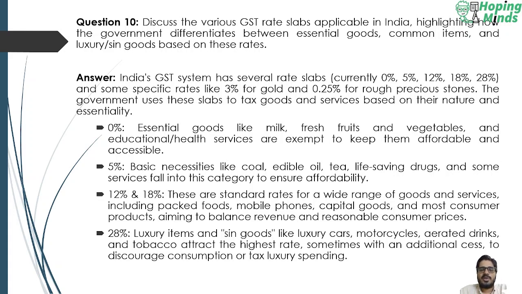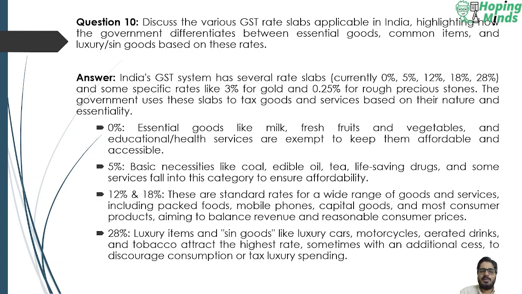For example, 0% essential goods like milk, fresh fruit and vegetables, and education and health services are exempt to keep them affordable and accessible. Then 5% under this bracket, basic necessities like coal, edible oil, tea, life-saving drugs and some services fall into this category to ensure affordability.